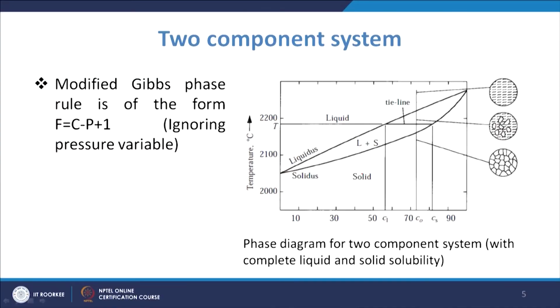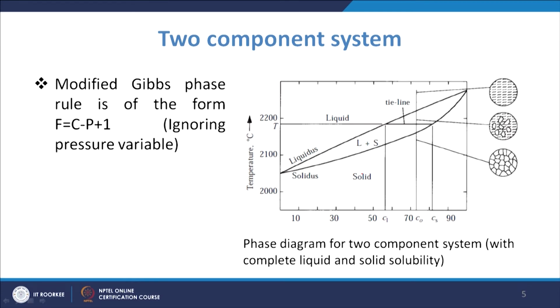Here you have this as the liquidus line and this is the solidus line. This is the liquid and this is the solid. This is typical for the type of phase diagram where the two components have complete solubility in both the solid and the liquid.